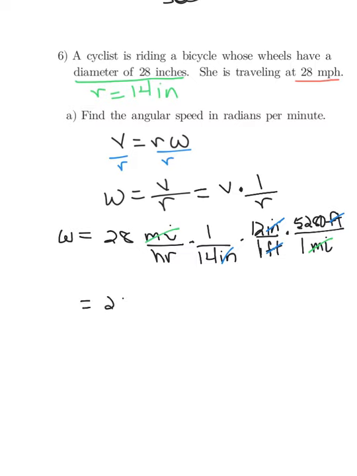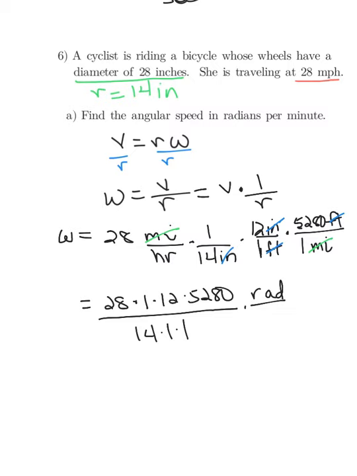So let's look at where we are right now. We have 28 times 1 times 12 times 5,280 for numbers in the numerator. In the denominator number-wise, we have 14 times 1 times 1. If we look at our labels, we have no more units of length. So we are into radians.